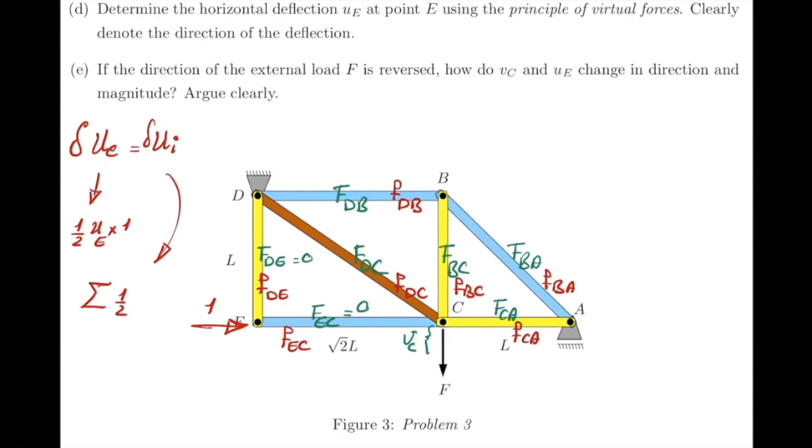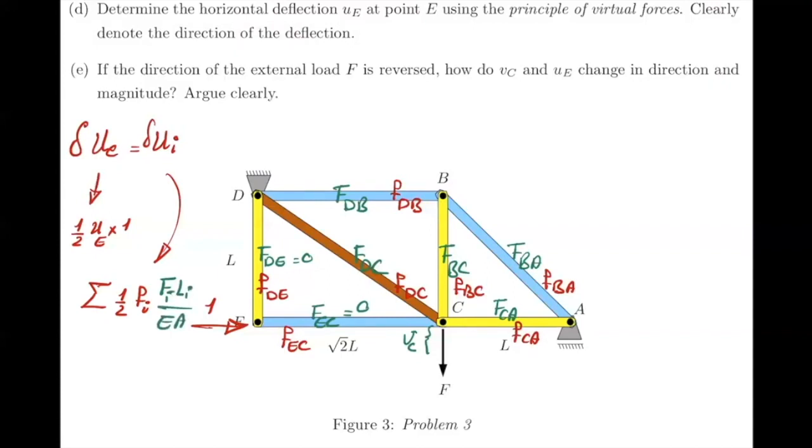So it would be now f_i, if you want, times delta_i, but then delta_i, let me maybe write it in green, would be F_i times L_i divided by EA.